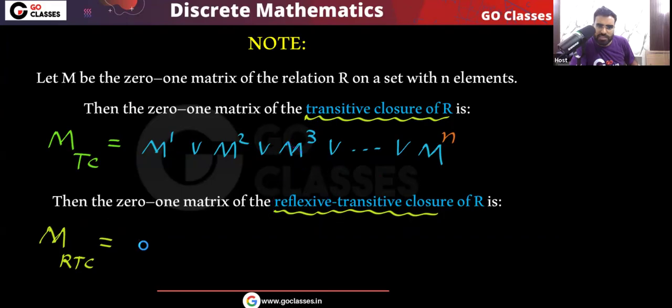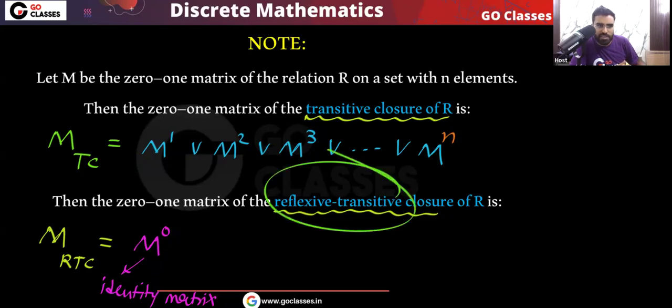For reflexive, you will start with M power 0, because what is M power 0? That is the identity matrix. Yes or no? This will give you all the self loops. Do you agree with me that M power 0 will give you all the self loops? So to find the reflexive transitive closure, first you find the reflexive closure.